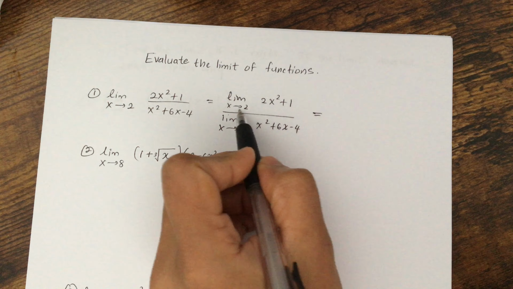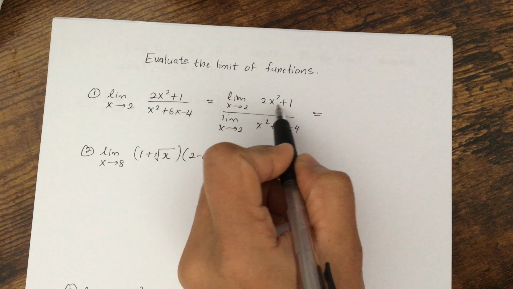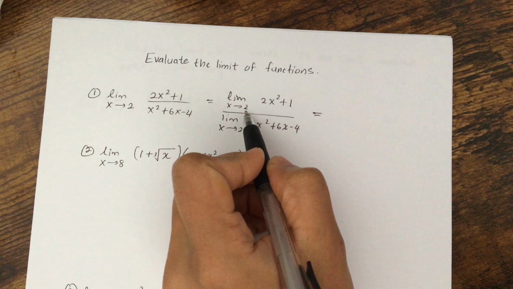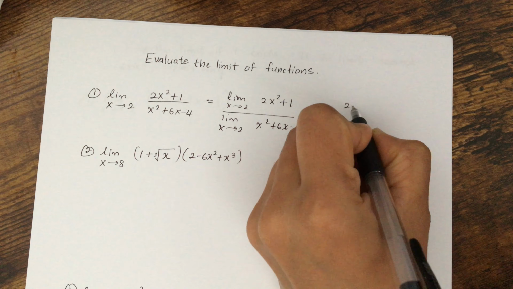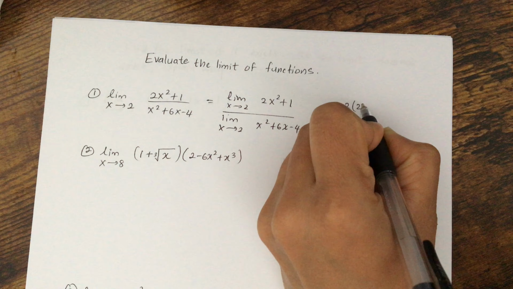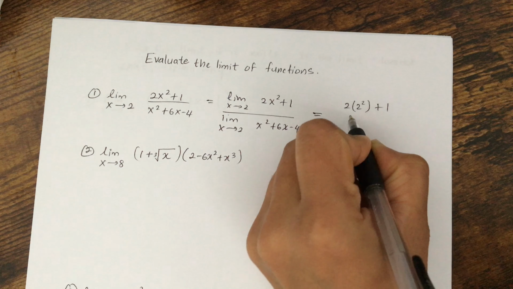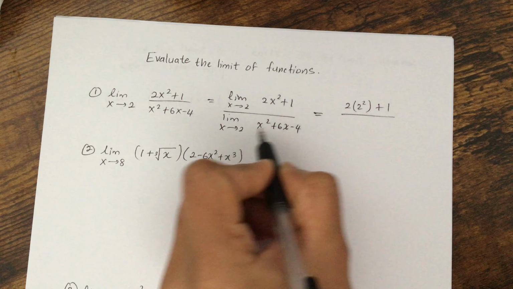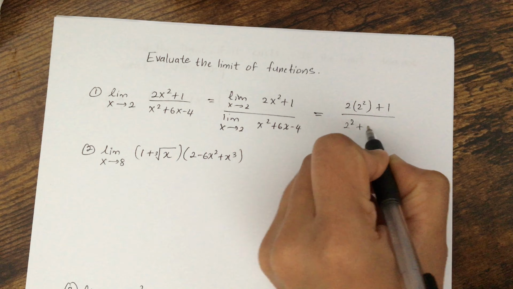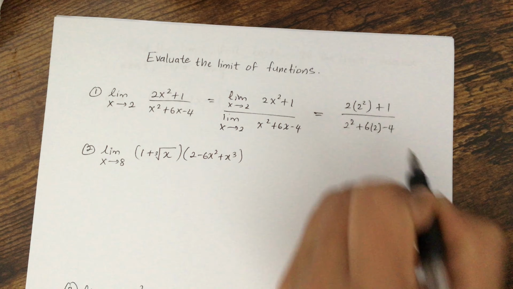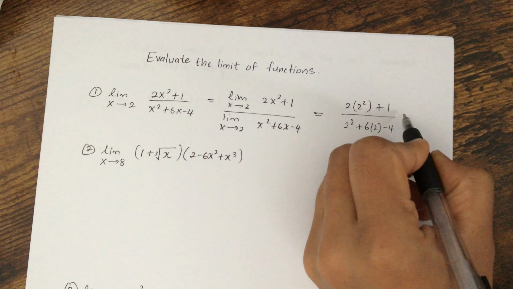so then x goes to 2, 2x squared plus 1. So that means you have to look at x equals 2, plus 1 numerator, and the denominator 2 squared plus 6 times 2 minus 4. So then what's the value?